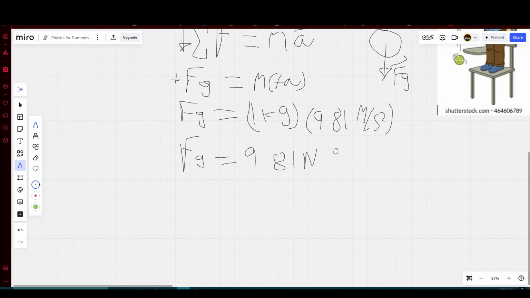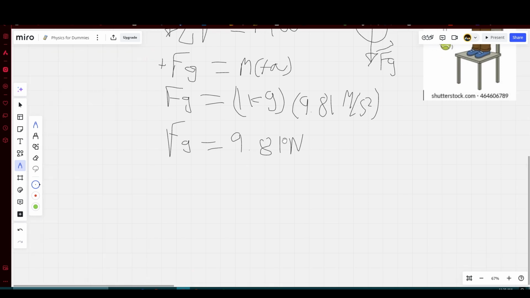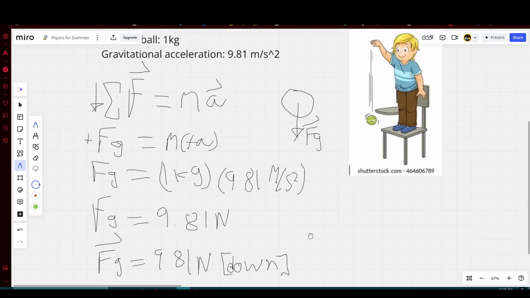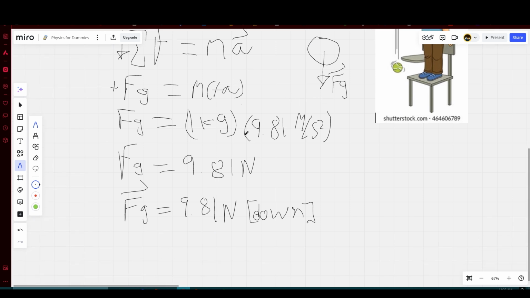Well, this is just the magnitude. If we want to write it properly, we have to do the vector sign. We have to say 9.81 newtons down. We need to specify its direction if we want to write it as a vector. Because the ball is falling down, the force of gravity is pointing downwards. That's why we say Fg is equal to 9.81 newtons down.